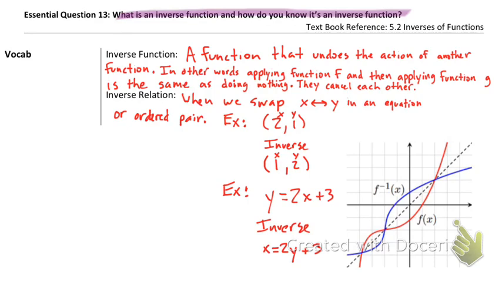When we look at graphs, this is an example of inverse functions in graph format. So the original function is f, and its inverse is in blue. And you should just kind of notice some things here, that they're kind of opposites of each other if you reflect them over this line.